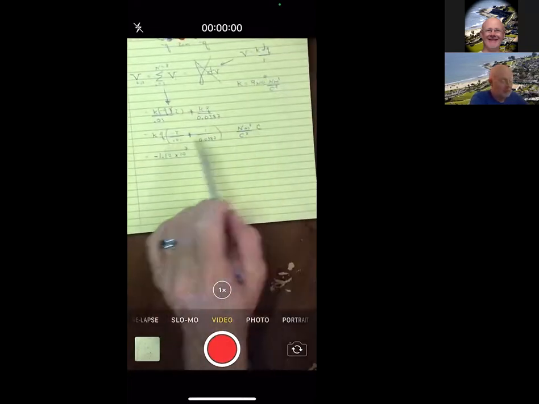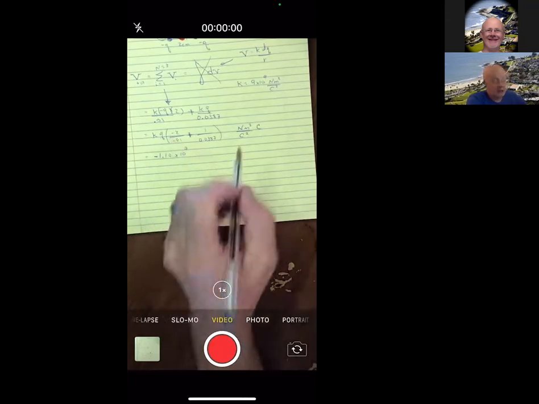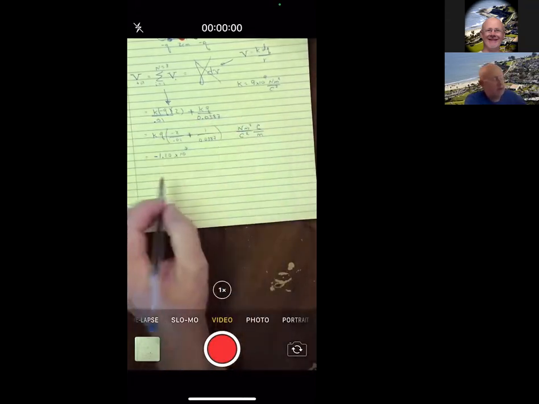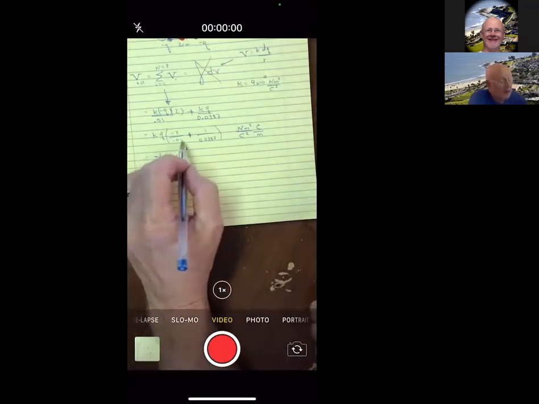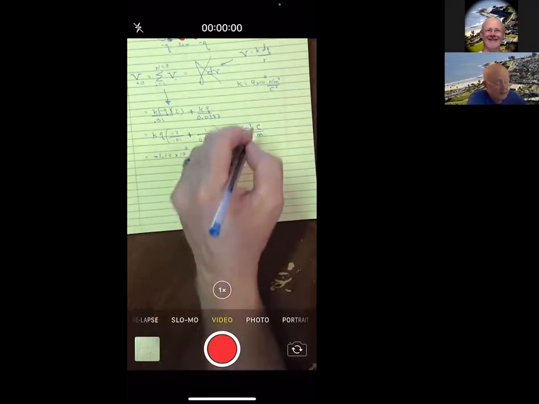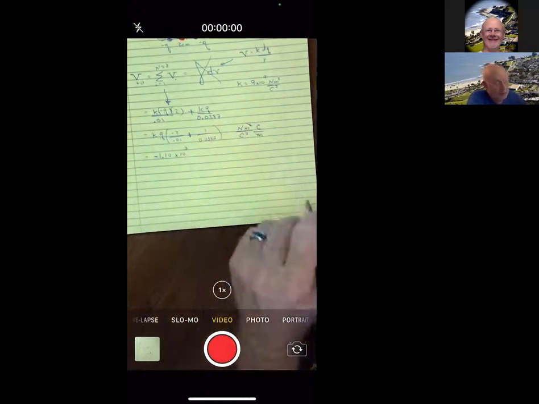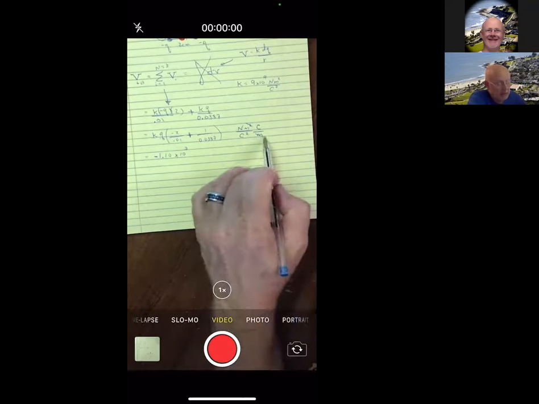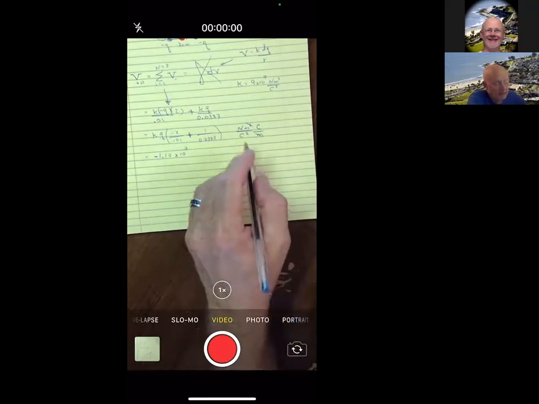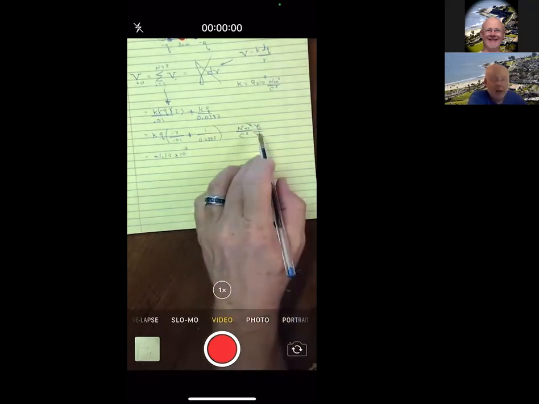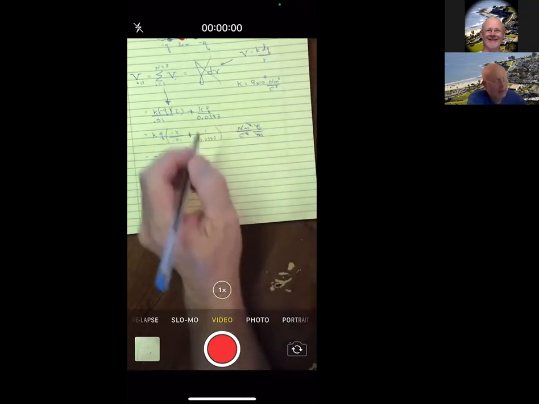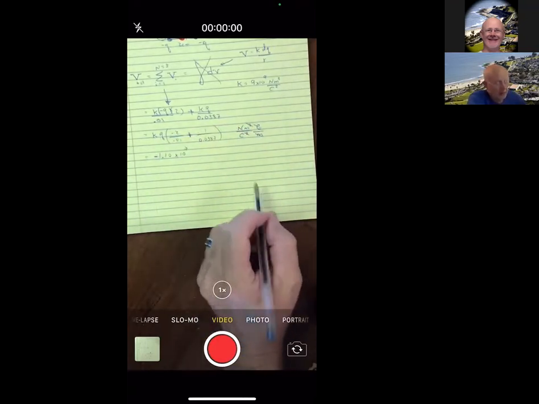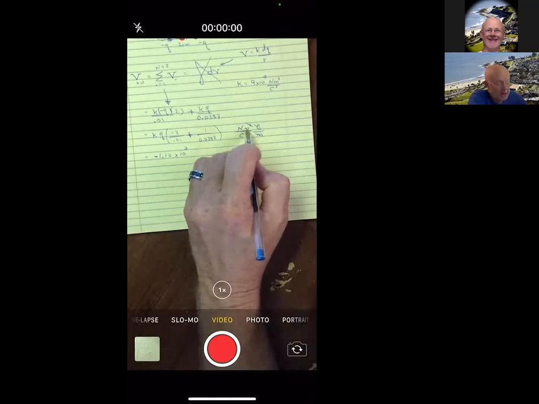And this distance down here is in meters. I purposely put it in meters, because then one of the meters on top with the one on the bottom would cancel, and the coulomb on top with one of the ones on the bottom would cancel. Then the top would have a Newton times a meter.